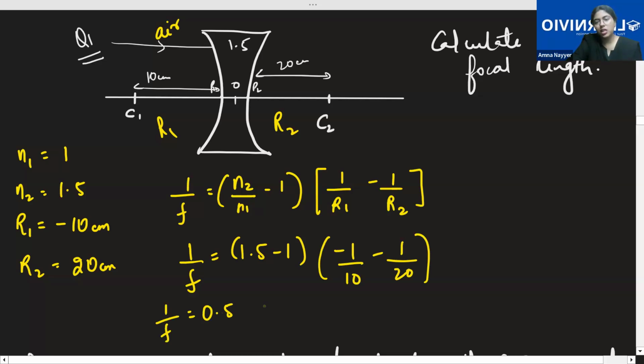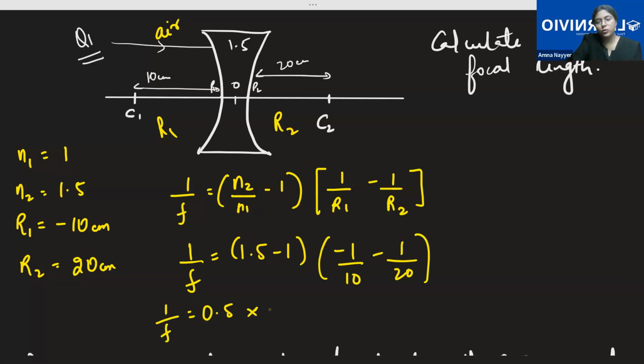That is 0.5 into minus 3 by 20. So focal length is equal to minus 40 by 3 centimeters.